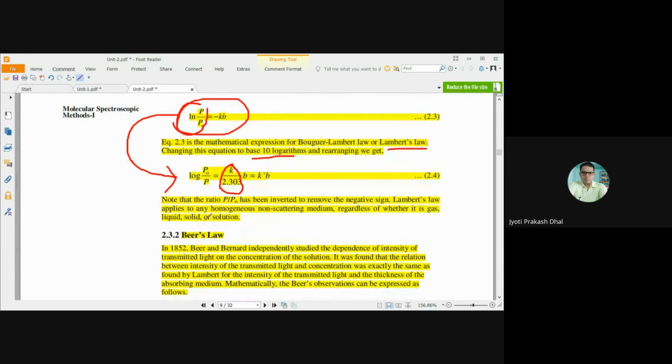Note that the ratio P by P naught has been inverted to remove the negative sign in Lambert's law.